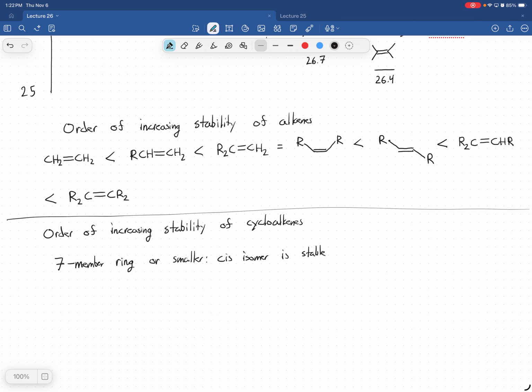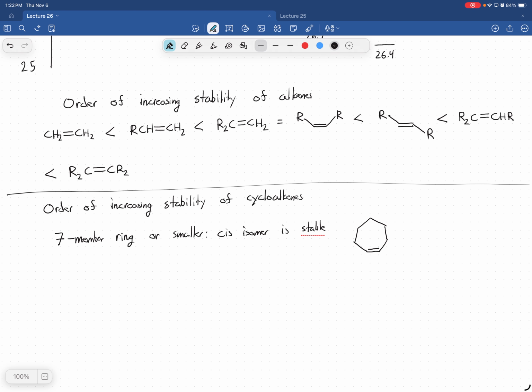So for example, here's a cycloheptene. You see here the bonds around the alkene. They are pretty much only going in the same direction, so they're not trans. So you don't get any stable ones for trans. All right. Now you have an 8-member ring.